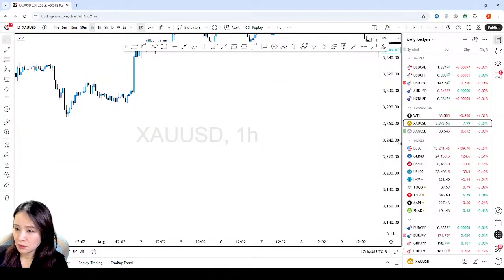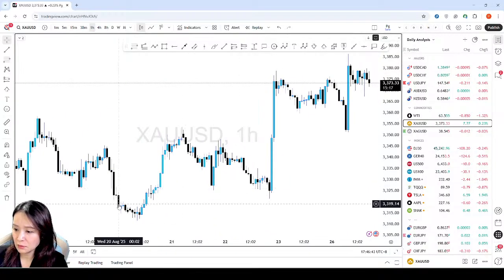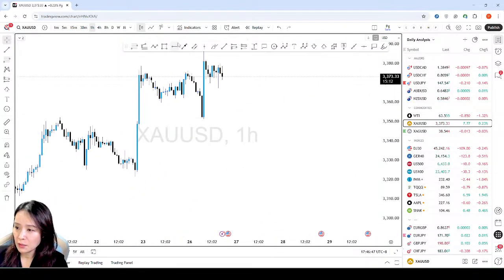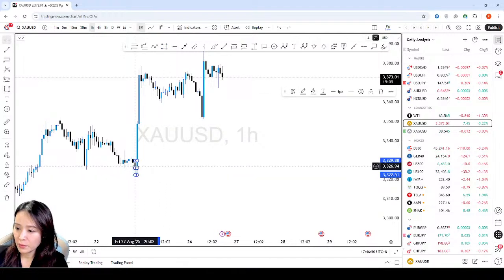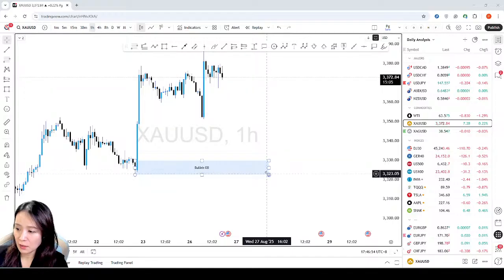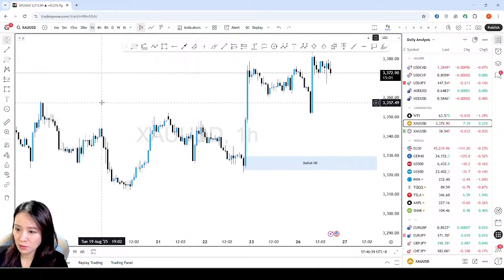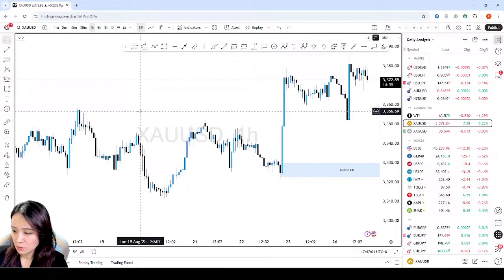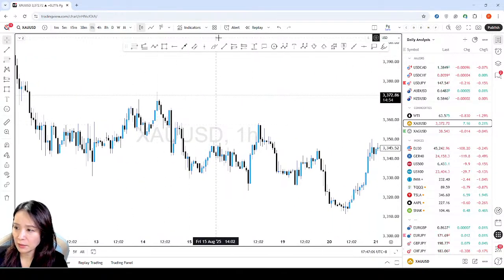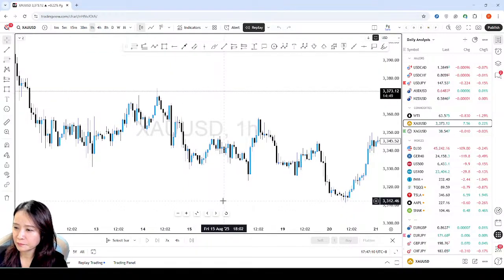We can go to H1, how it looks for the confirmation. Okay, to me this OB is still valid, this bullish OB is still valid. So whenever price comes, if you see the confirmation, you buy. I will show you how the confirmation looks. Let's say here.